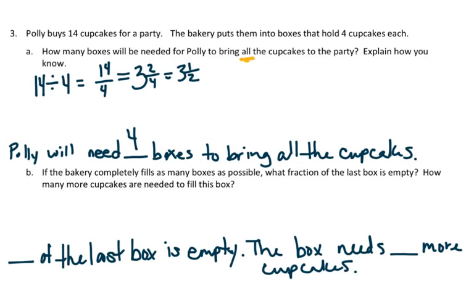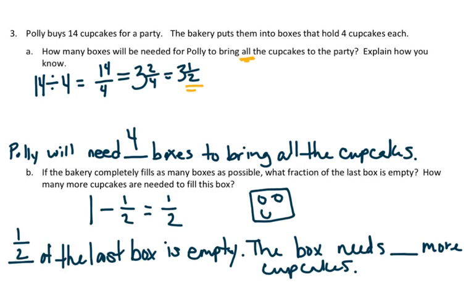I know that if I have 1 box, and from my previous answer up here I had 3 1/2, so I knew that it was only half a box. And I'm going to have my 1 box take away 1/2, so 1 minus 1/2 would be 1/2. So half of the last box is empty. I'm just going to draw a picture of what that box could possibly look like.